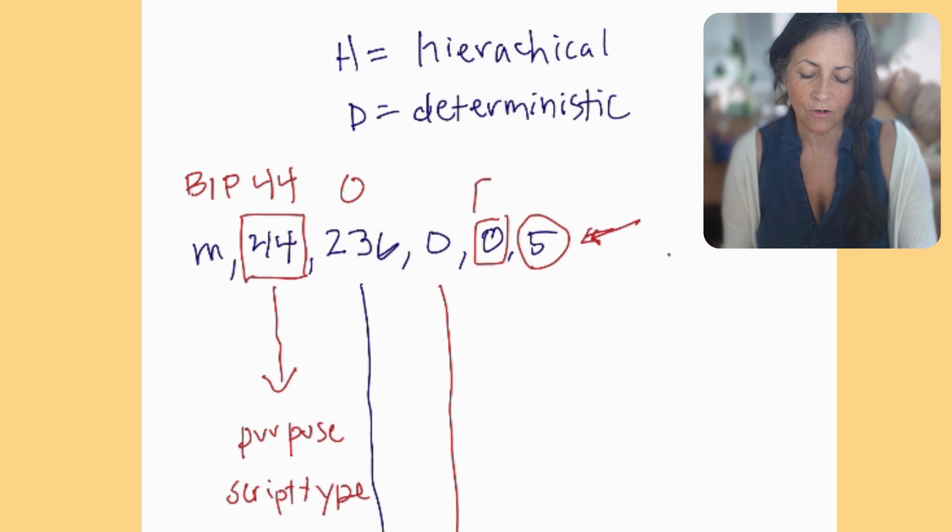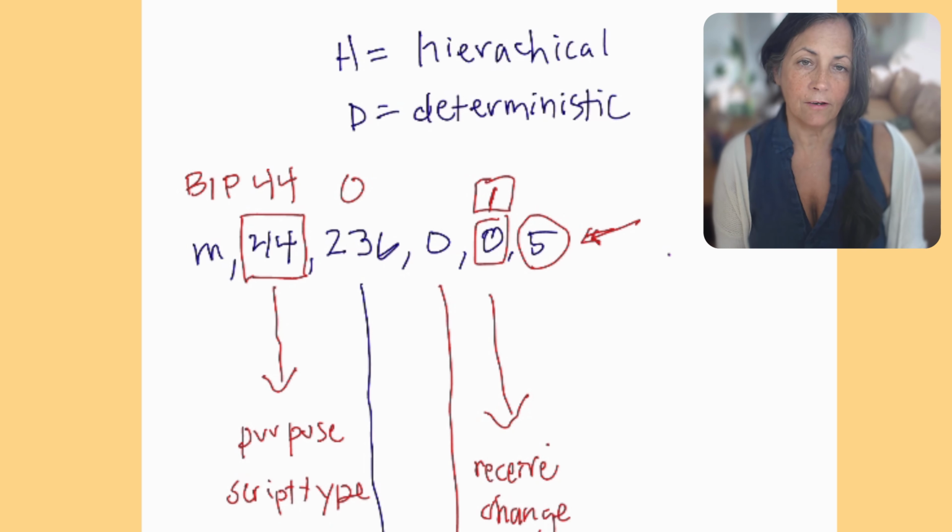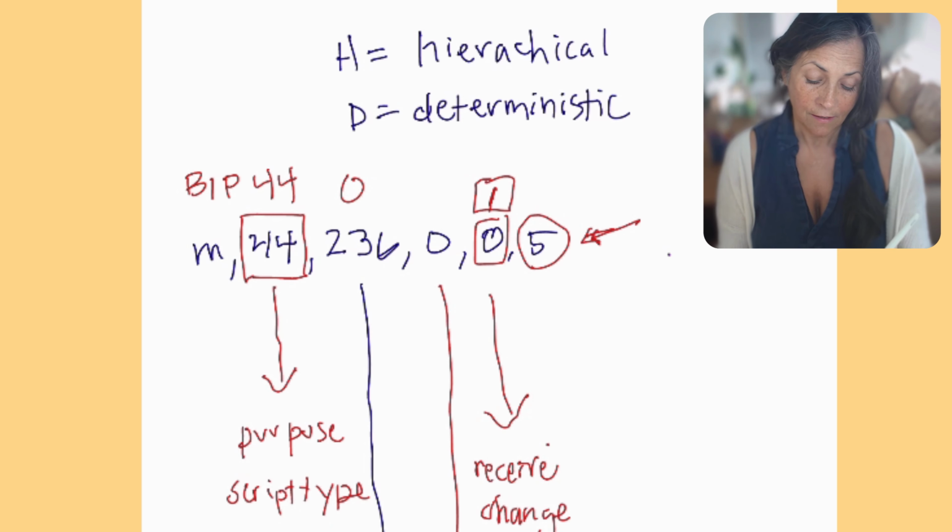If it were a change address, it would be a 1. So it's always going to be a 0 or 1 here. So let's say receive or change. Because your change address is not ever going to be something you hand out publicly. It just is managed in the wallet system.